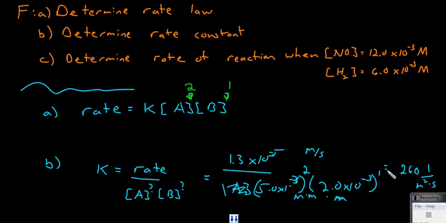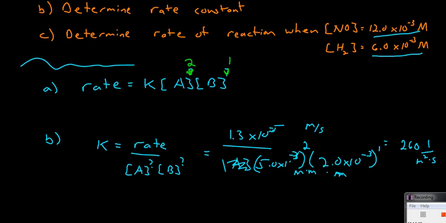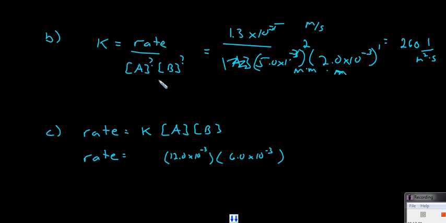And then you can solve for the rate of the reaction given these different concentrations. So plug in this now known rate constant, 260 per molar squared second, and you should find that the rate is equal to 2.2 times 10 to the negative 4.